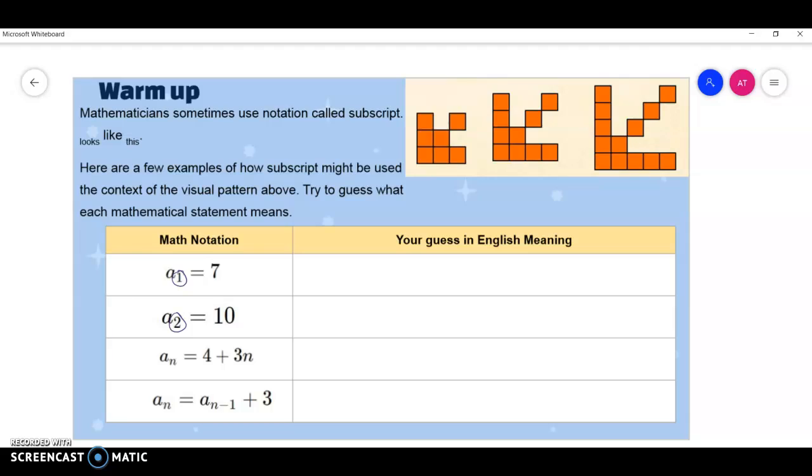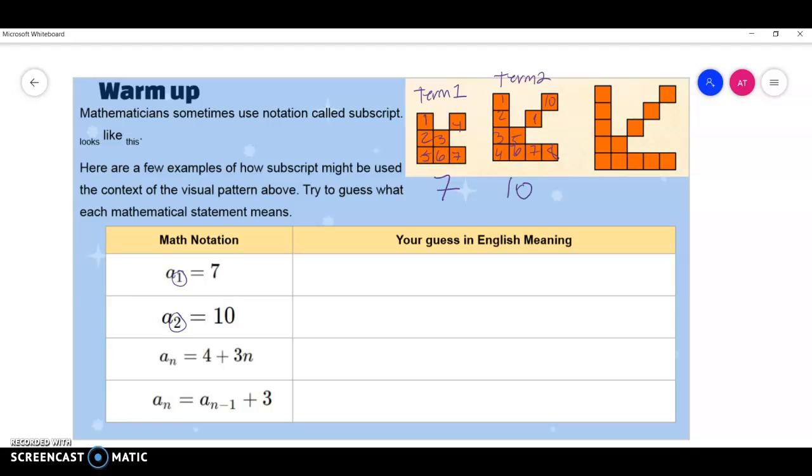So if this was, I'm going to count the blocks first. 1, 2, 3, 4, 5, 6, 7. If this was my first term in my sequence, there's 7 blocks. If this was term 2, 1, 2, 3, 4, 5, 6, 7, 8, 9, 10. There's 10 blocks.